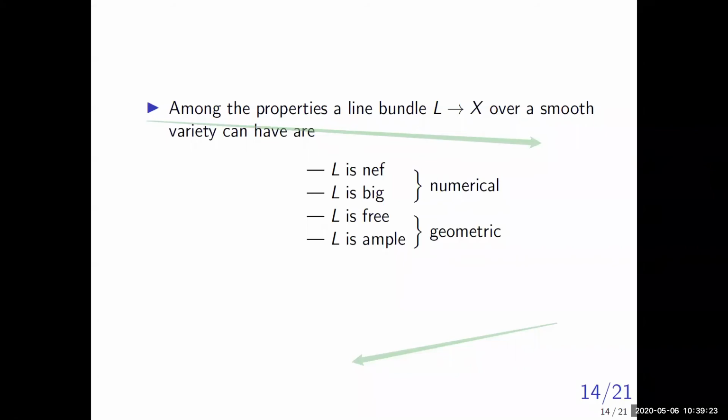Among the properties a line bundle over a smooth, complete variety can have are nef, big, which are numerical, and free and ample, which are geometric to me because they give you a geometric object. For a free line bundle, the ring of global sections of powers is finitely generated, so you can take Proj and you get a variety.